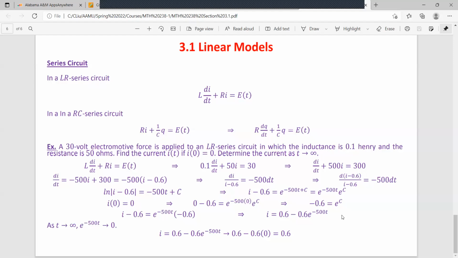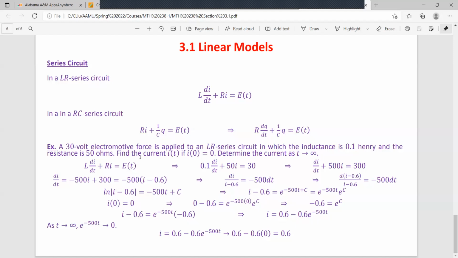So then the solution of the original initial value problem is I minus 0.6 equals e to the negative 500 t times c1, which is negative 0.6. Okay. So then you can move 0.6 to the right-hand side to get the solution of the problem: I equals 0.6 minus 0.6 e to the negative 500 t. Okay, so that's the solution to the initial value problem.